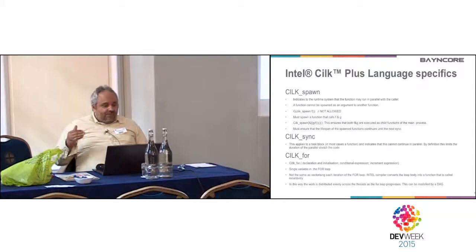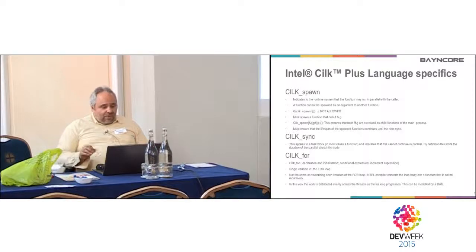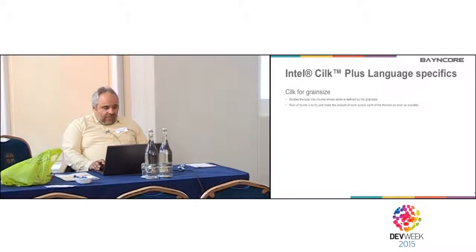So there are some subtleties about how you specify functions and how you call those keywords, but I'm not going to dwell on them here. Similarly, there are some subtleties about how you use cilk_for grain size.